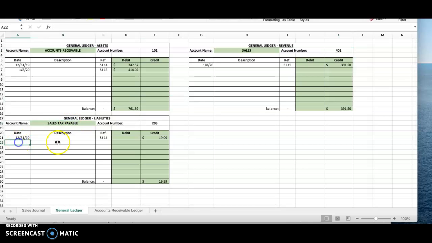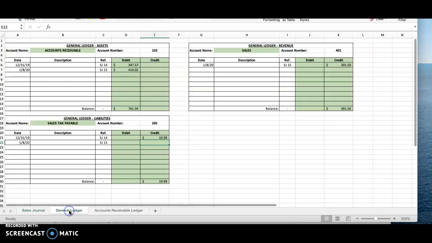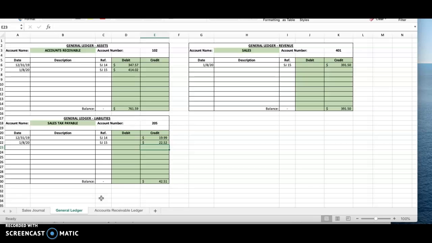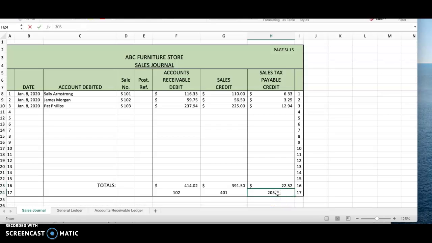Sales tax payable is credited by the amount in the sales journal, $22.52. And that number is account number 205. So only the total needs to be posted. We can't forget to do the totals, however. So at the end of every day, this would be done in this particular business.